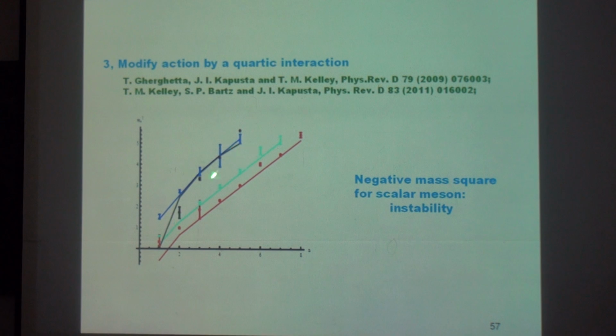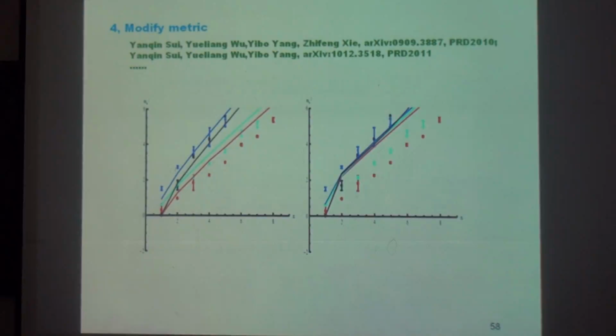They found it improved, but somehow there is a negative mass square for the scalar meson, which indicates some kind of instability in such a framework. Also there is some improvement made by the ITP group, Professor Wu Yuanyang, who modified this metric, and it also seems to improve the hadron spectra a little in some sense.